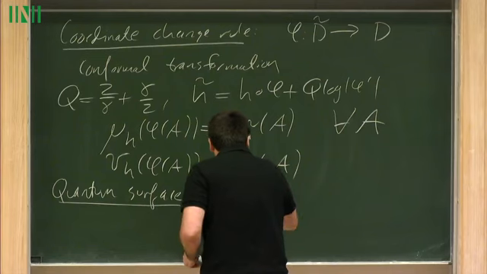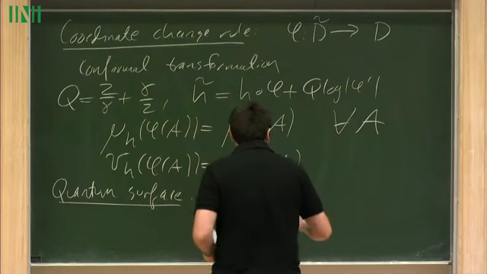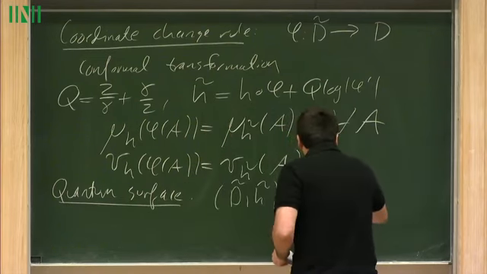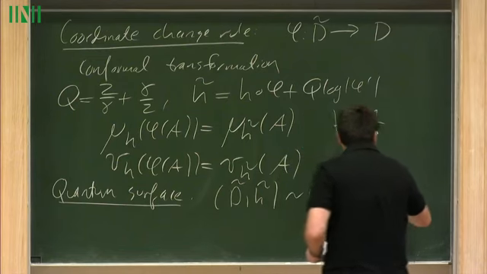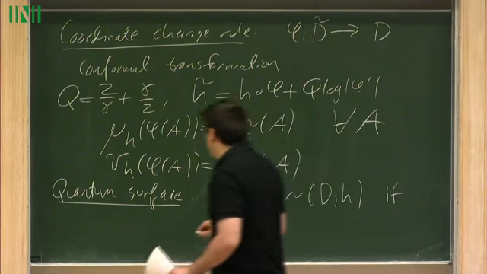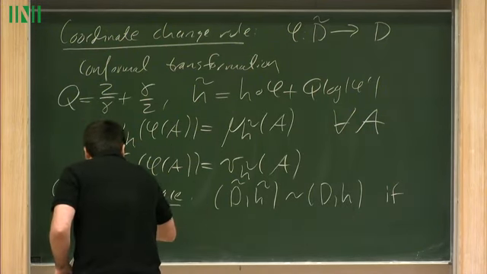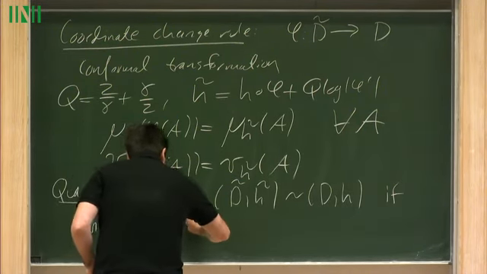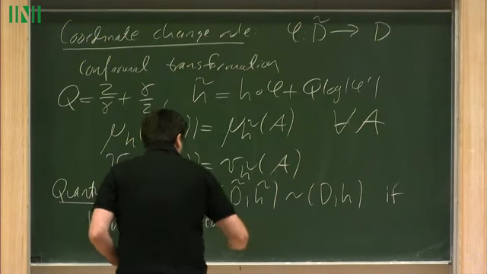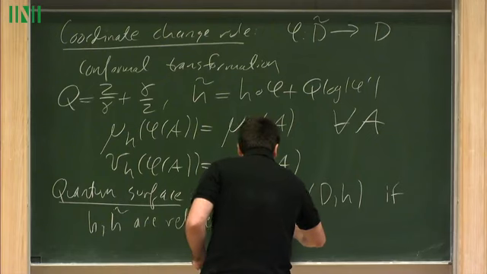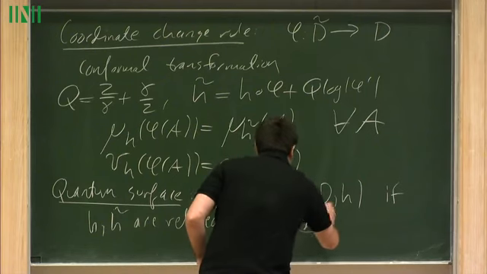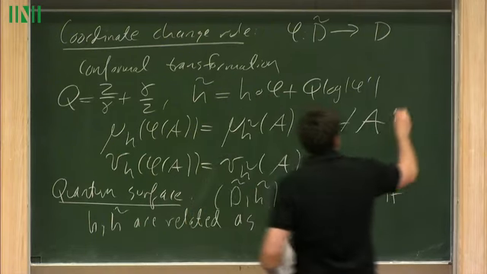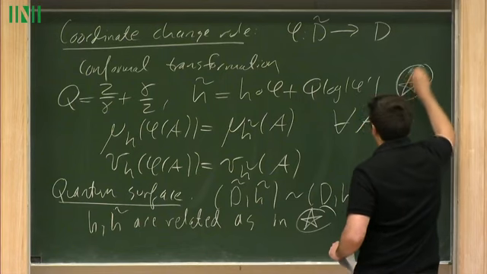And so you say that d tilde, h tilde is going to be equivalent to d, h if the fields are related as in this equation here, okay?